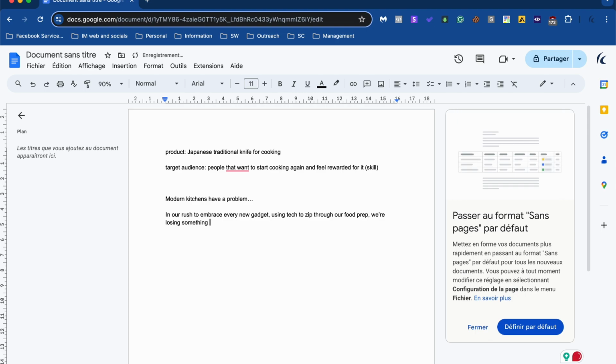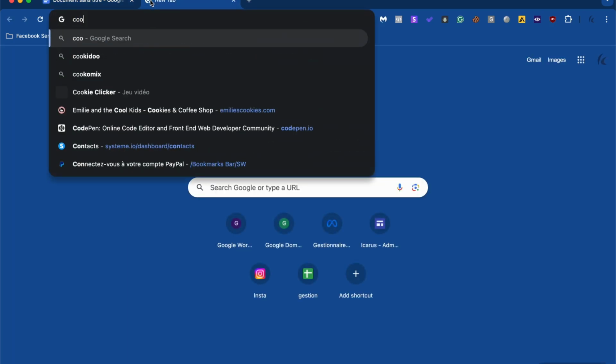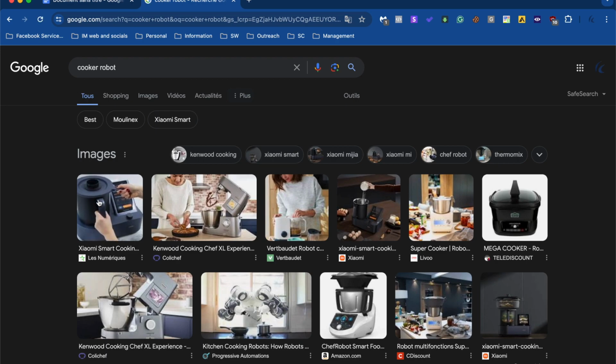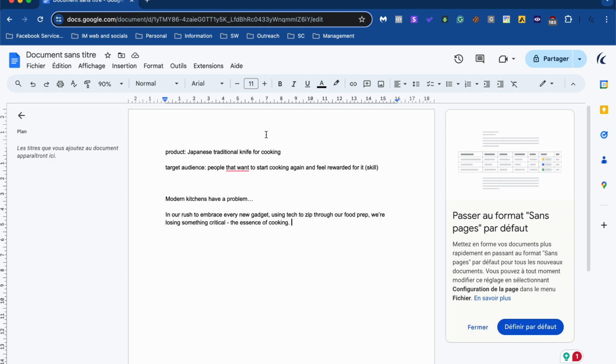So here we are addressing the audience, because people want to start cooking again, and what better way to start cooking again than just buying the cooker mix, robots, exactly like that. This is easy. Everyone can do it, and we are trying to convince people to go another way.